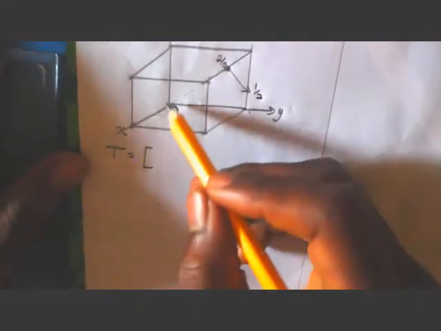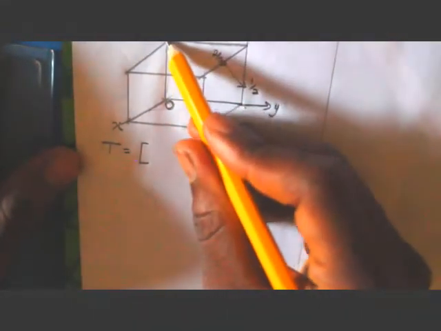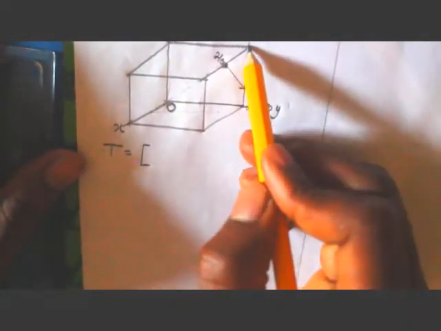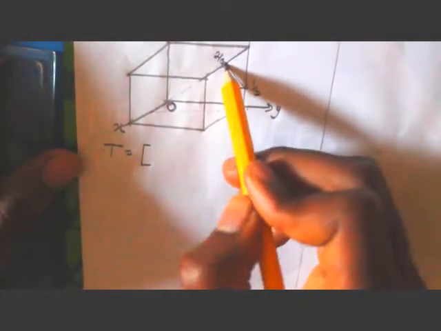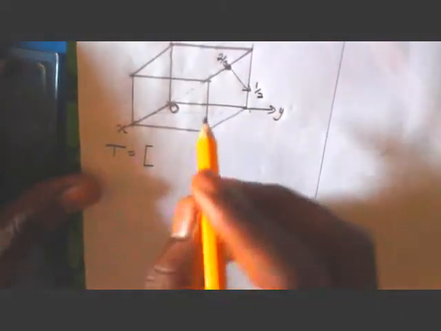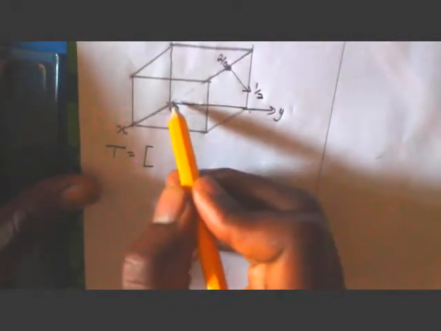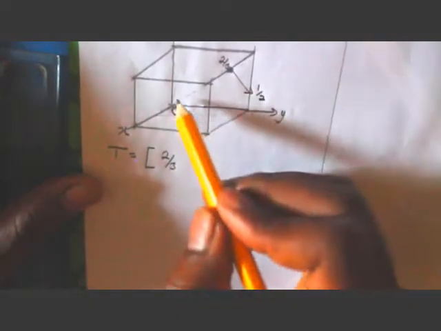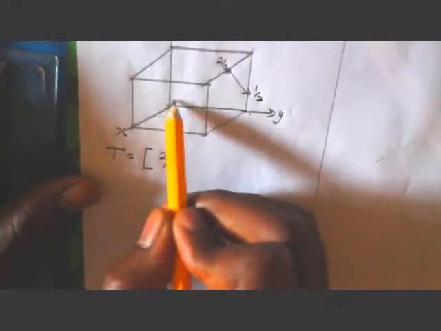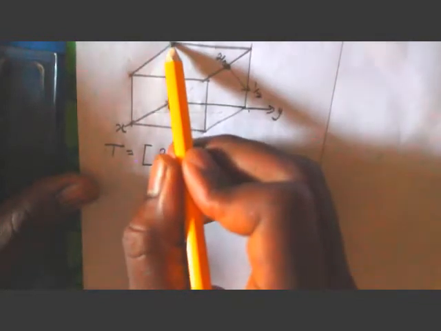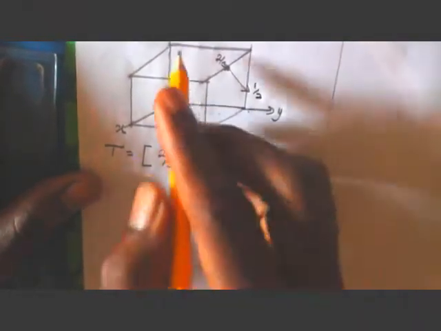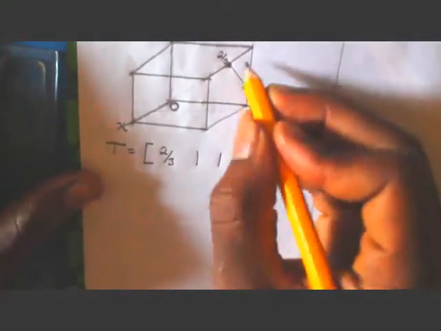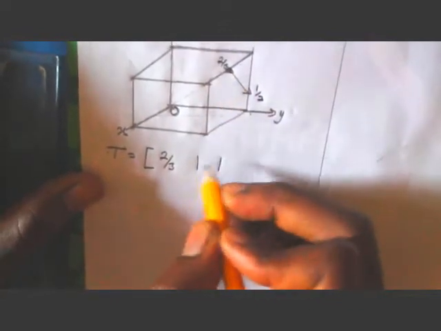Or we can say for Z to go 1, for Y to go 1, and for X to go 2/3. So X is 2/3, Z is 1, Y is 1.